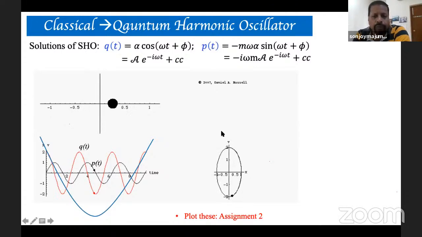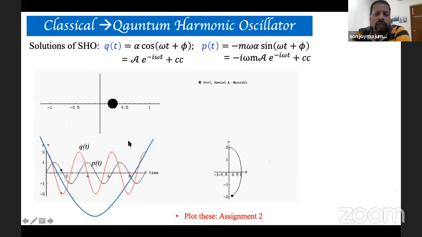And I would like you to work it out: if you haven't done that, you can have a phase plot in terms of position and momentum, which is elliptical. These are all things you have done, I believe, thoroughly in your earlier courses. If you have not done them, please do it once again. It is worth looking at.